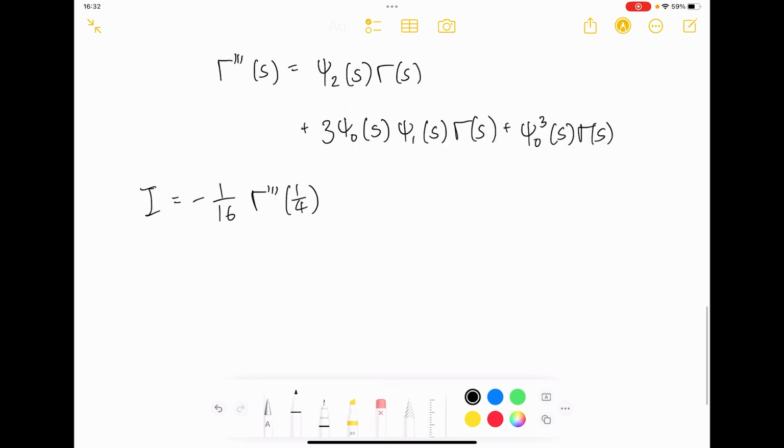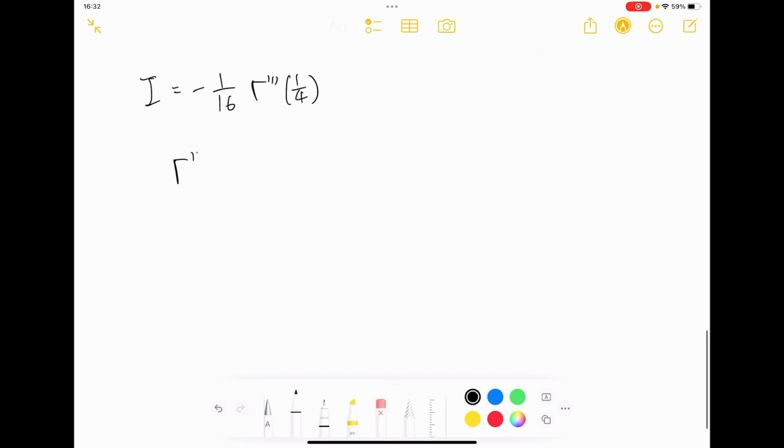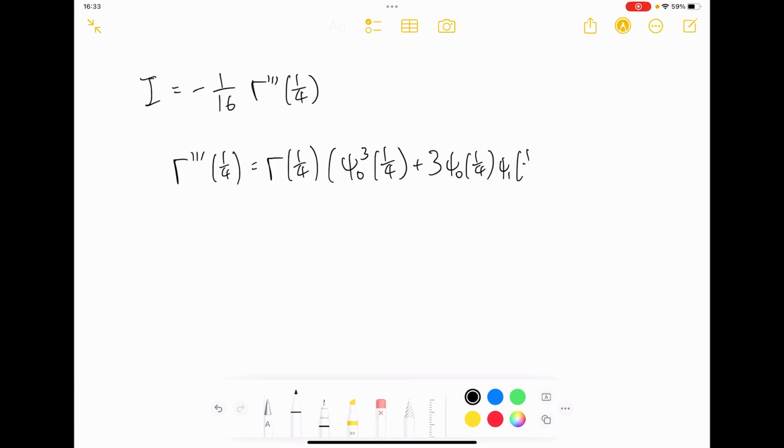The third derivative of gamma at a quarter is gamma of a quarter, which is, in fact, quote-unquote closed form because you can't write it in simpler terms, times psi naught cubed of 1/4 plus 3 psi naught of 1/4 psi 1 of 1/4 plus psi 2 of 1/4.